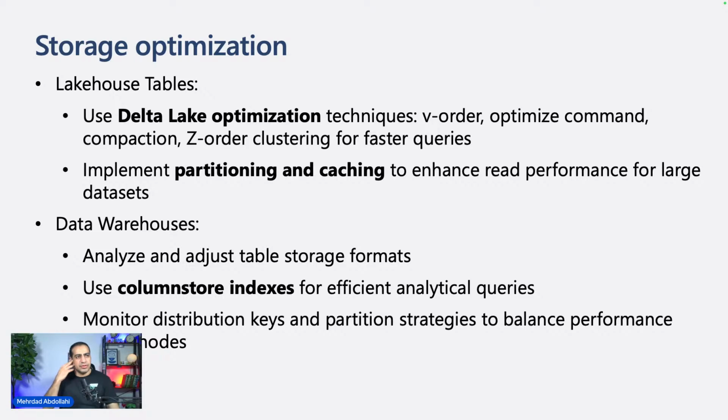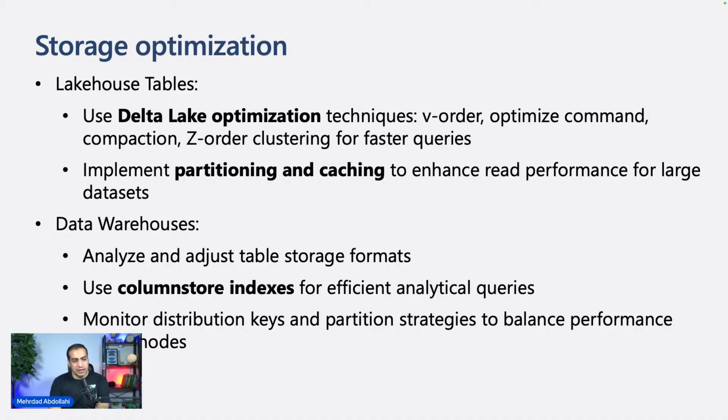You should think about which column is the most filtered for your reads. The other technique for optimizing your storage in tables is enabling partitioning and caching to enhance read performance for large data sets.